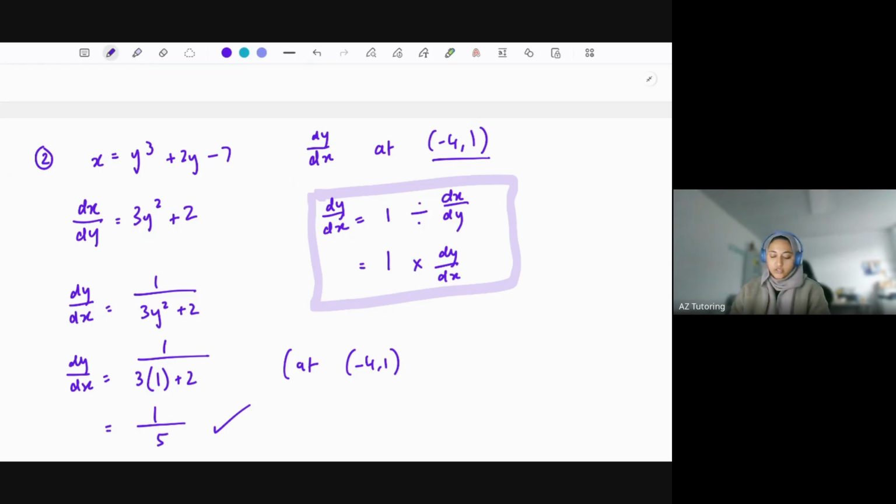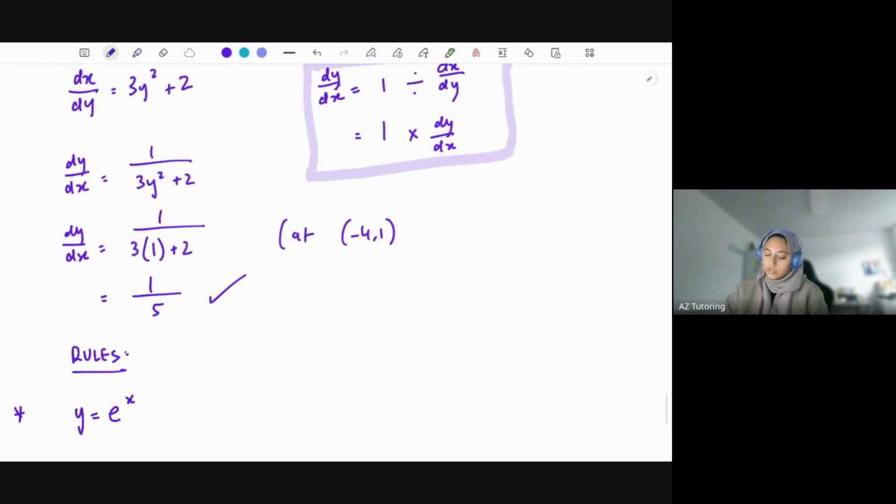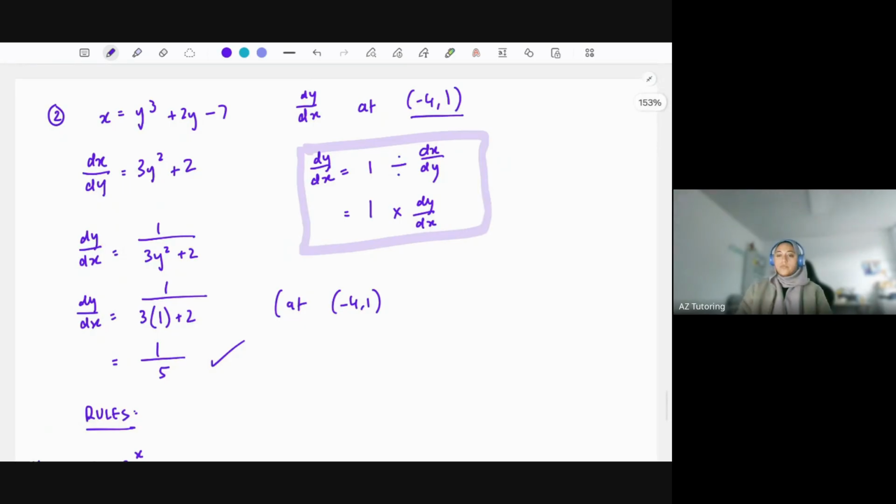Okay, now let's differentiate exponential functions. These are the rules that you need to remember for this one. So this is the first one: if you've got y equals exponential of x, okay, here that's fine. Just give me a second for that.